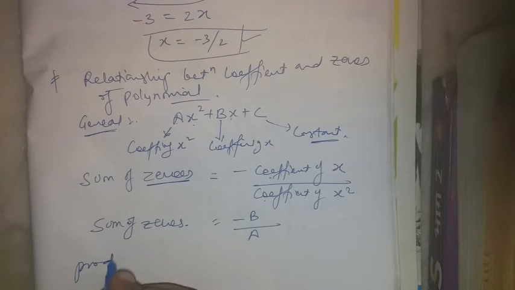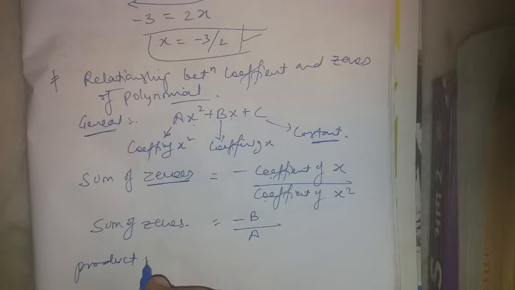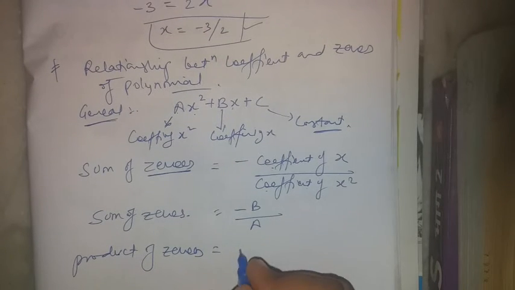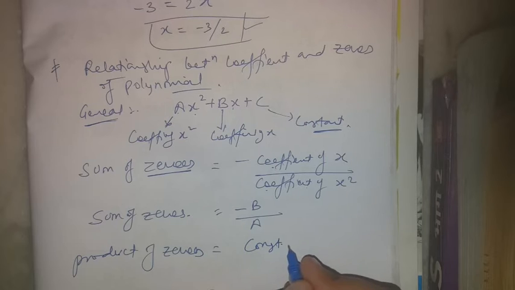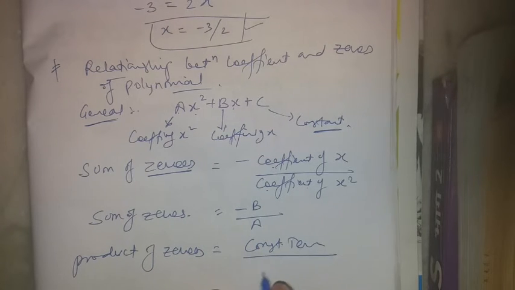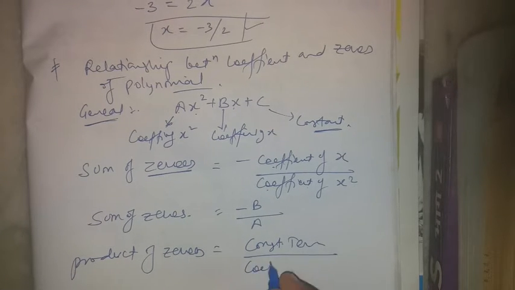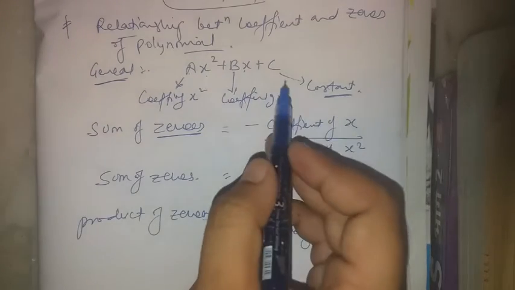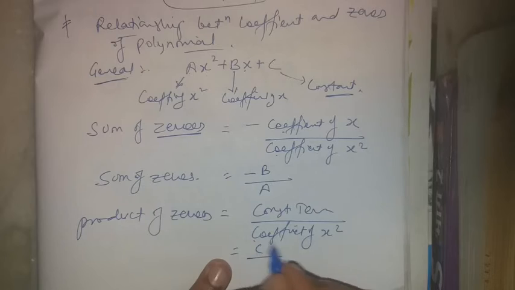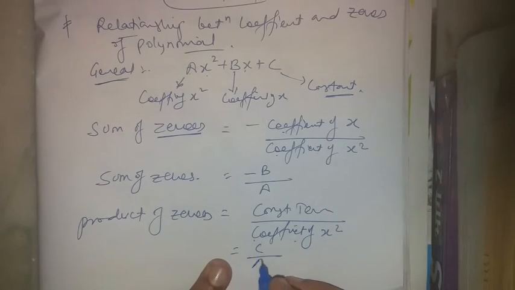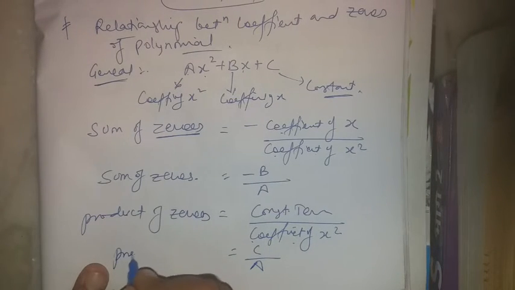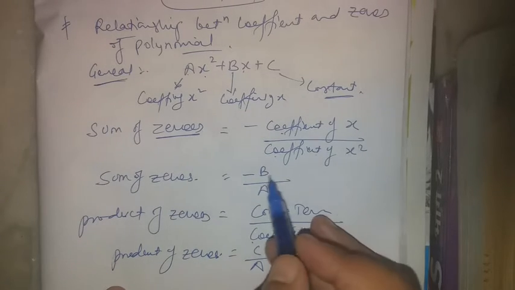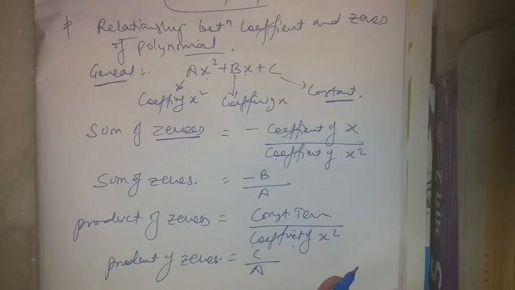Second is the product of zeros. The product of zeros is the constant term divided by the coefficient of x square, which is c by a.